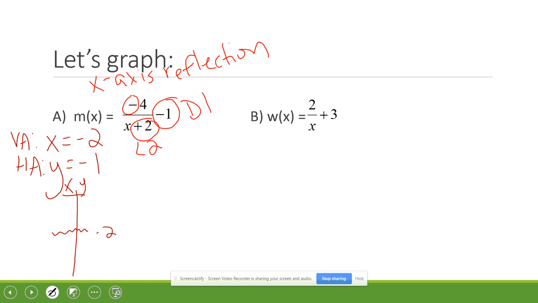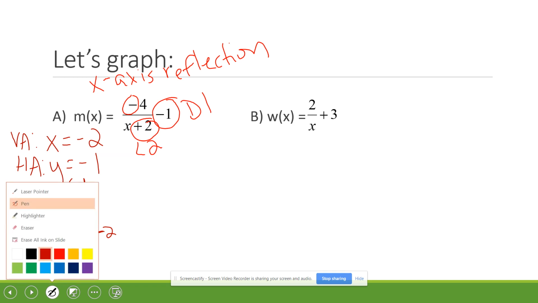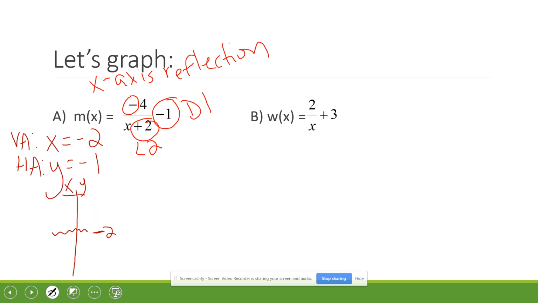Pick any 3 values less than negative 2 and any 3 values greater than negative 2. Doesn't matter, as long as whatever you pick, you plot. So we have, I'm going to do negative 6, negative 4, and negative 3, negative 1, 0, and 1.